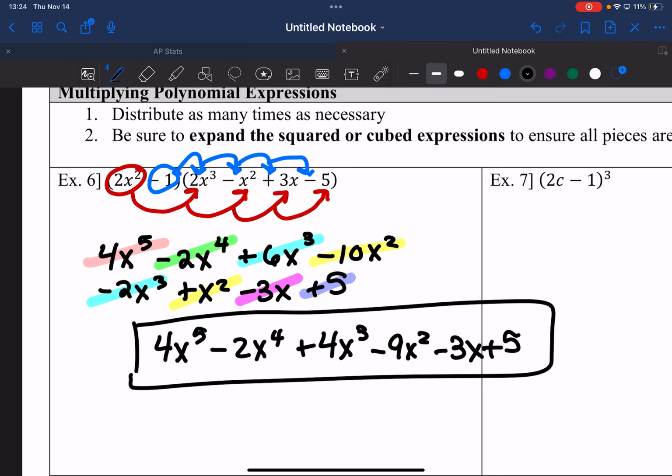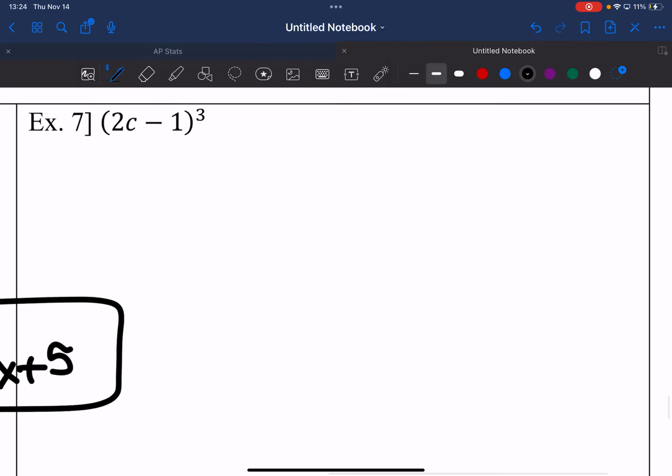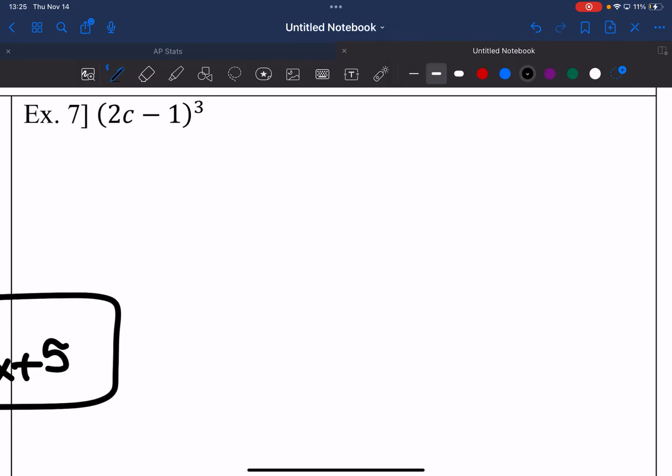If we get examples like number 7, we need to remember that this exponent right here tells us to write it 3 times. So that's what we're going to do.